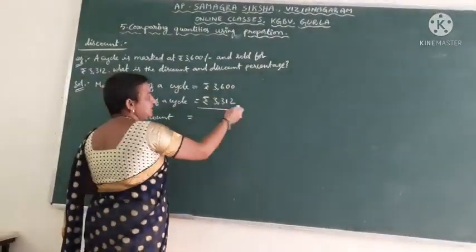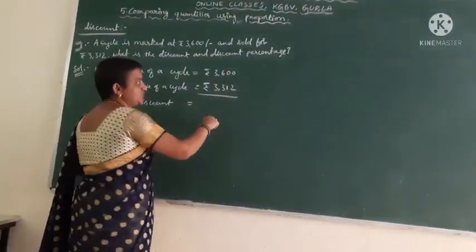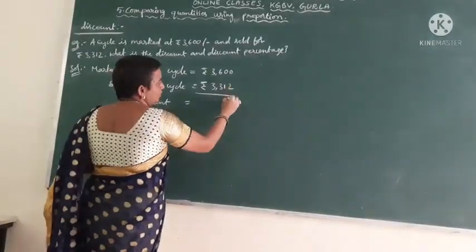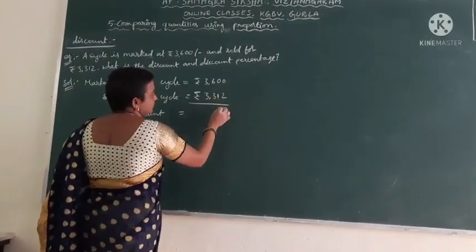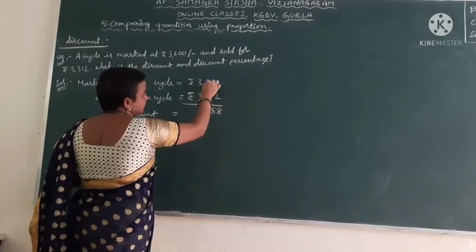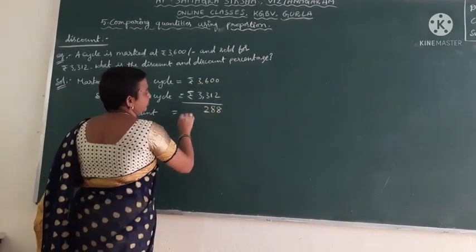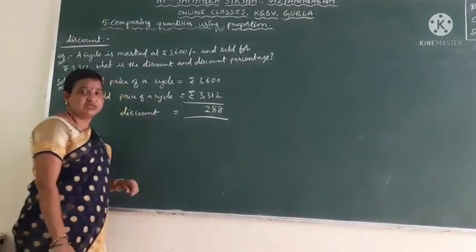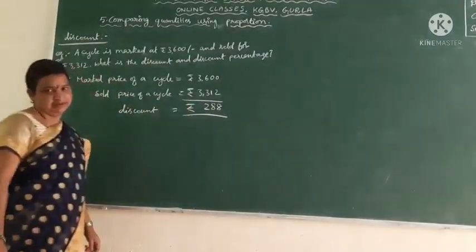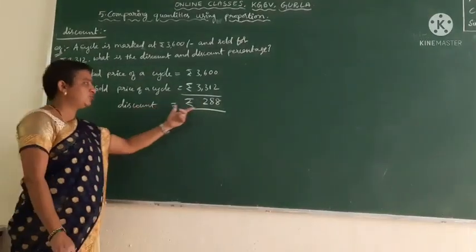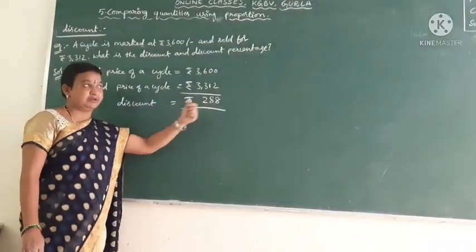If we subtract 3,312 from 3,600, we borrow, 9 minus 1 is 8, 6, 5 minus 3, 2. So the discount amount is rupees 288. Okay, the discount amount is 288.